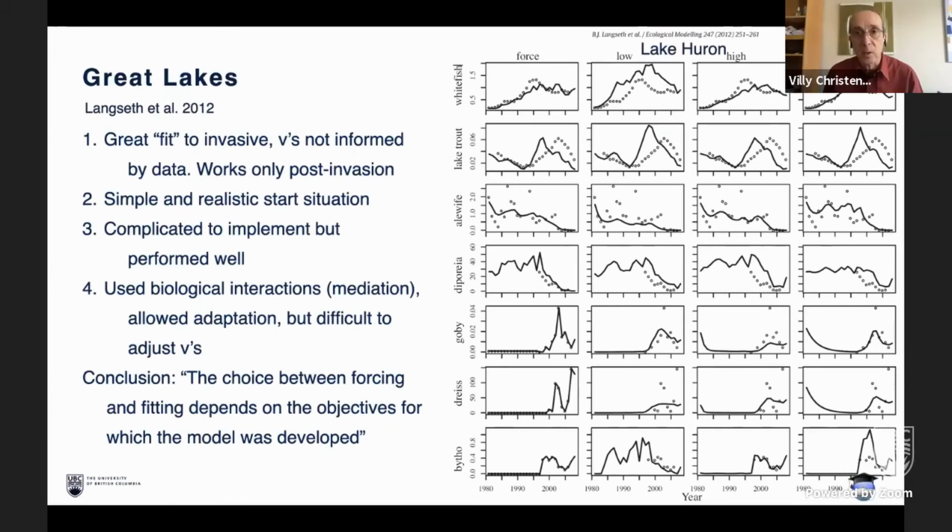Again, an example of when you're doing modeling, make your question very clear from the start, or you'll be fumbling around searching for what do I do with this model with all these things it can do. Focusing on that question and remembering it when you build the model, when you use the model, is really, really critical.